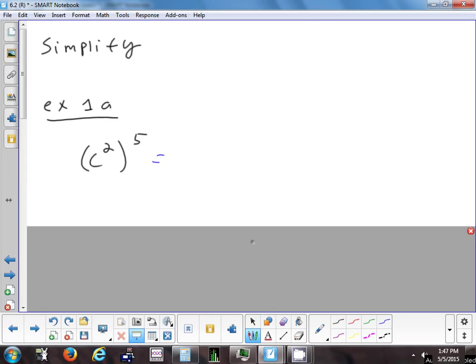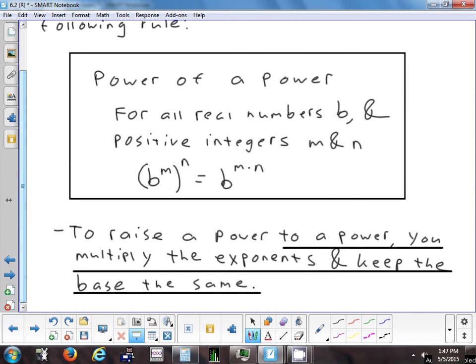So guys, on your note sheet, make sure you put this on there. Oh, Joe, what's C squared to the fifth? 2 times C. Okay, what happens to your base when you raise a power to a power? Oh, it becomes 7. To raise a power to a power, no, keep the base.